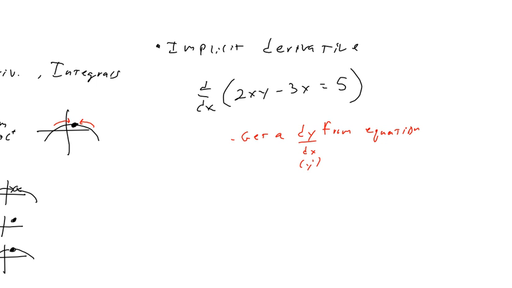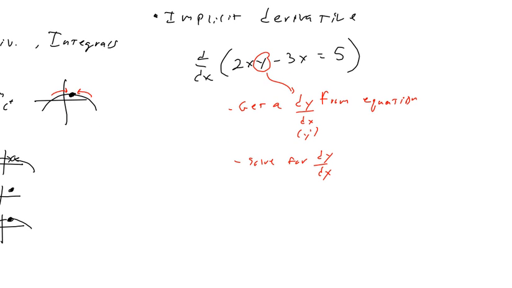Remember, we rearranged that, right? This y is going to give you a dy/dx. Solve for dy/dx, you rearrange your equation, you get your dy/dx by itself. So that was implicit derivatives, and there's everything about integration.